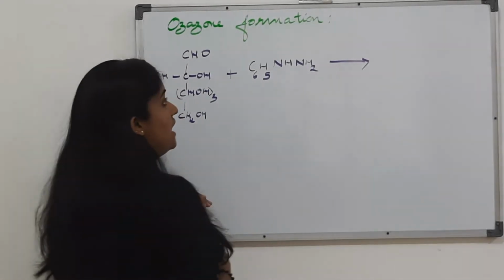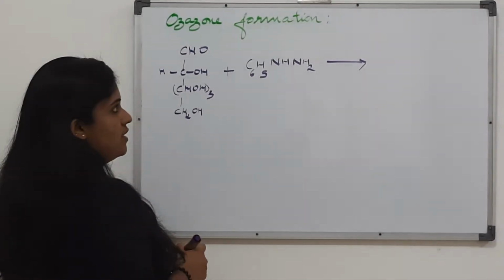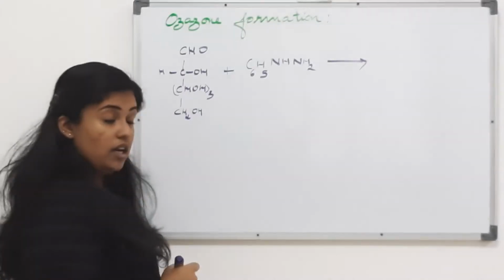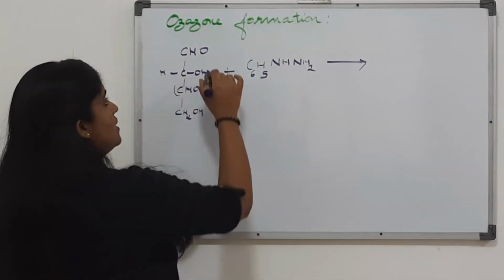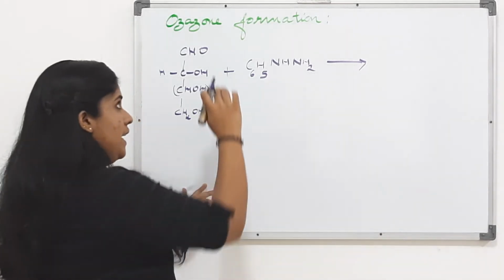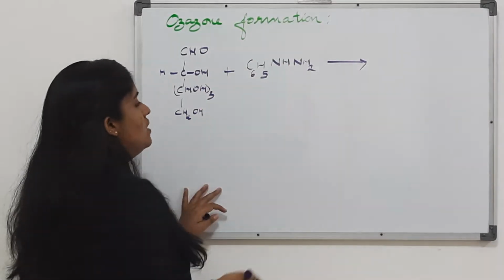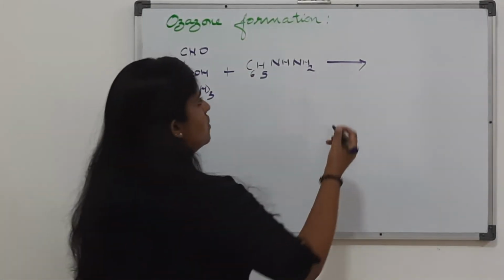So first, when I treat this with phenylhydrazine, C6H5NH2, this is a characteristic reaction of aldehyde groups. When they react with this, they form phenylhydrazone. So we'll write that.